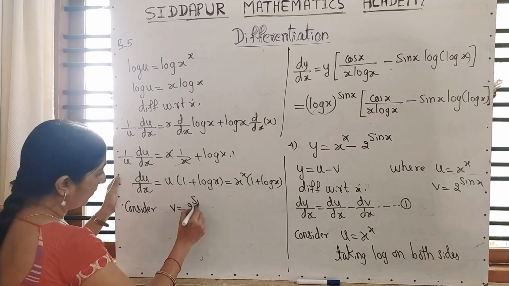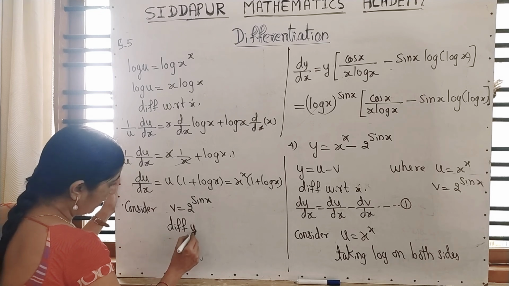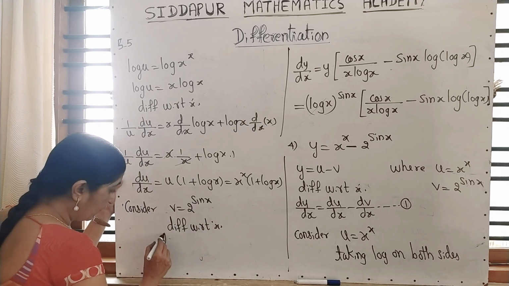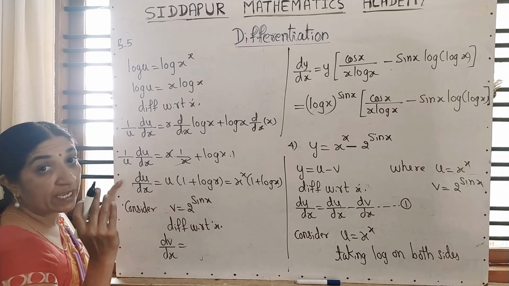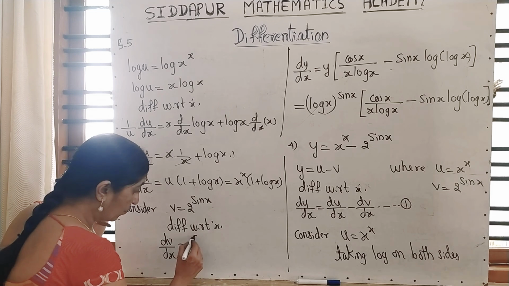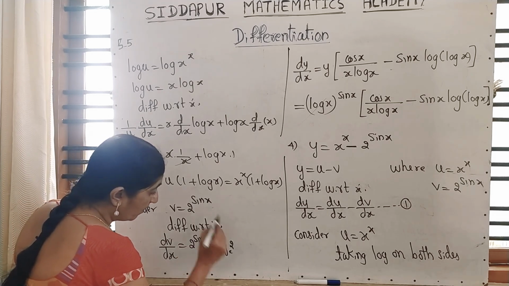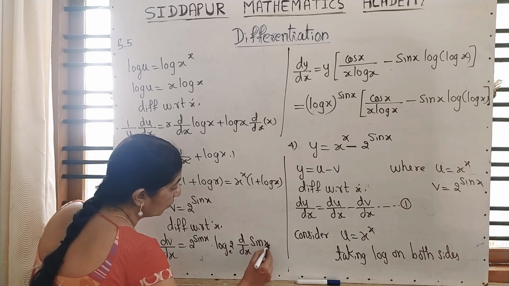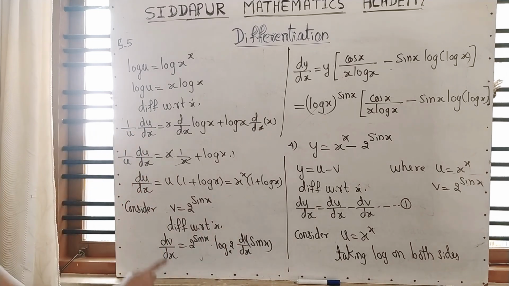No. If you are familiar with the chain rule, differentiating with respect to x, if you take log also correct, dv upon dx is equal to, it is in the form of a raised to x, 2 raised to sin x into log 2, but you know that the power is other than x, so we have to differentiate that also. If you take log also, you will get the same answer.